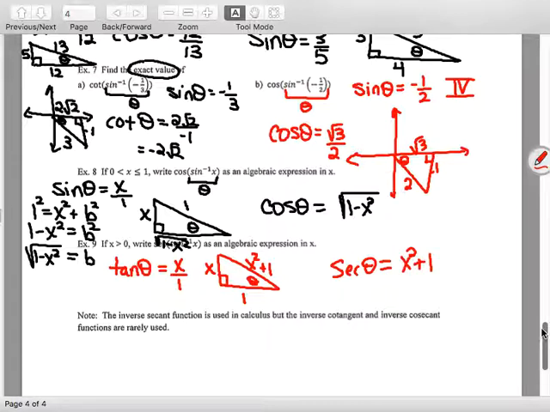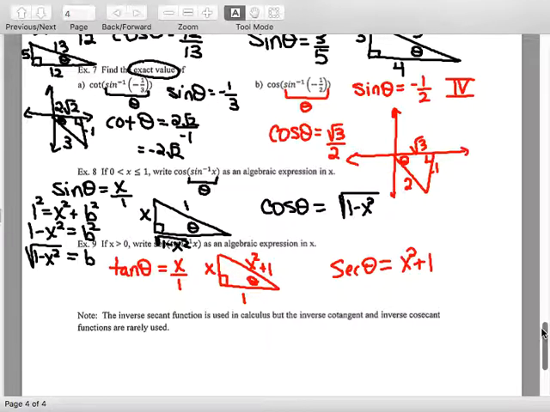We're not supposed to solve for x, we're supposed to solve for the other variable. You're solving for secant of inverse tangent of x. So if tangent is x, or x over 1, that's TOA, opposite over adjacent, then a squared plus b squared equals c squared. So the hypotenuse is x squared plus 1.